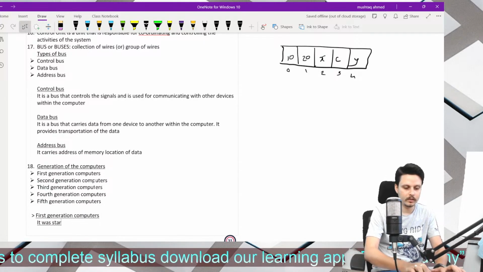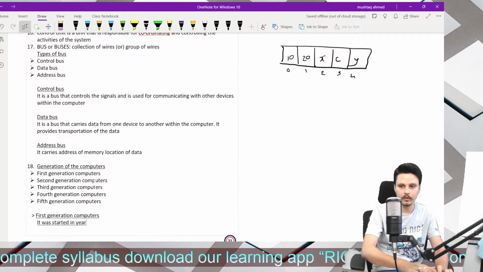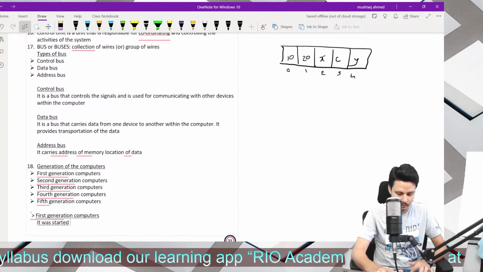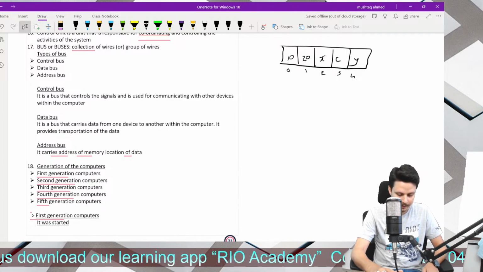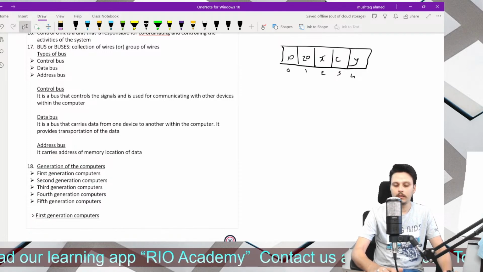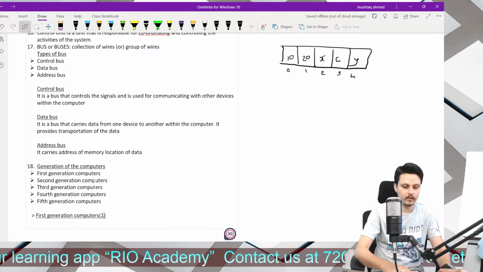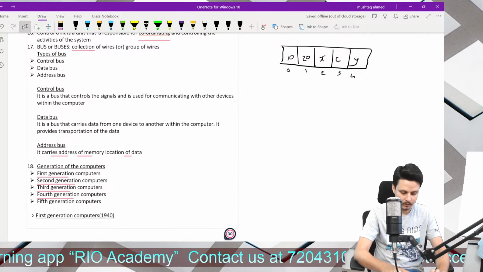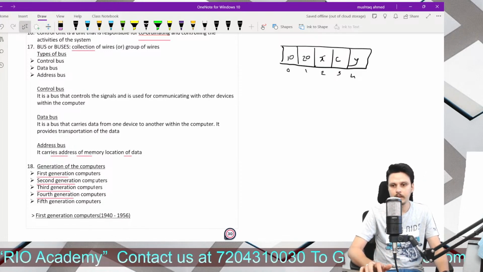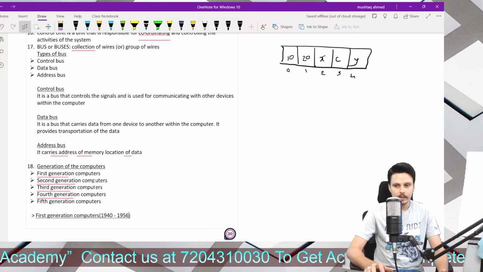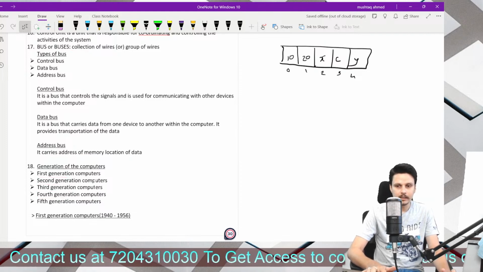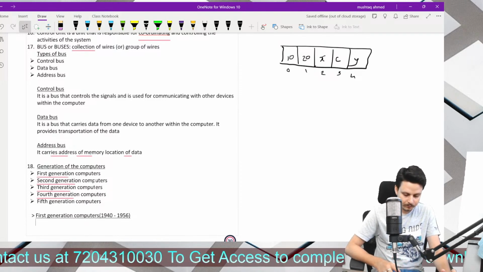It was started in the year 1940 and lasted till 1956. First generation computers were started in 1940 till 1956.